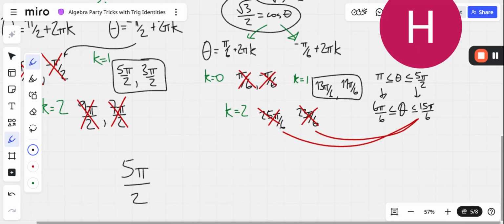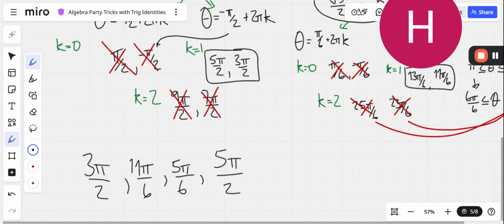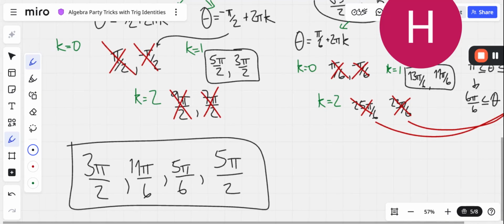Let's maybe put them in order from lowest to greatest. We have 3 pi over 2, and then in between we have 11 pi over 6 and 13 pi over 6, and then 5 pi over 2. Okay, those are our 4 angles which solve the original equation.